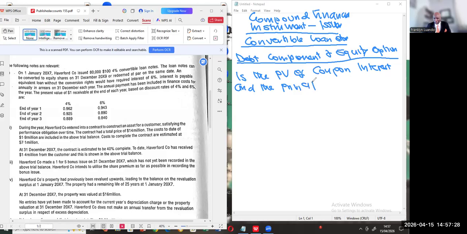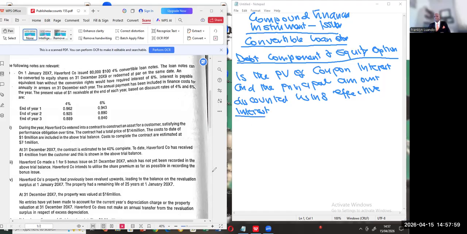The principal amount discounted using effective interest or market rates.